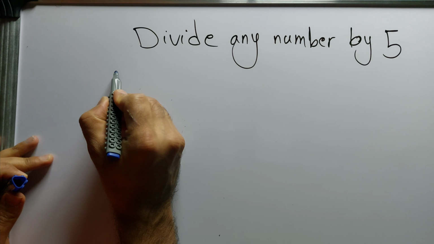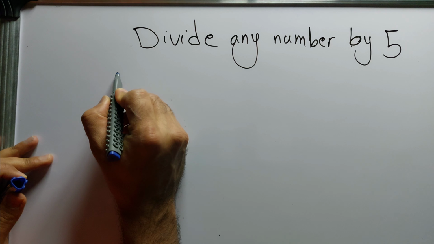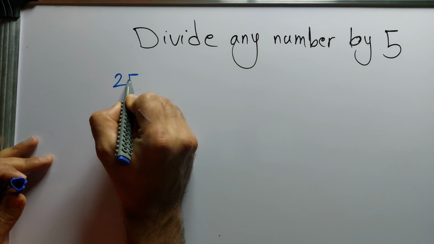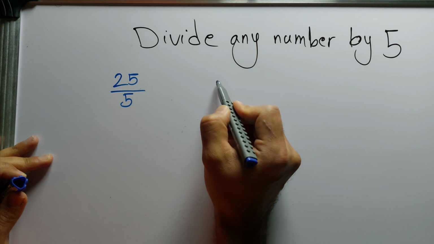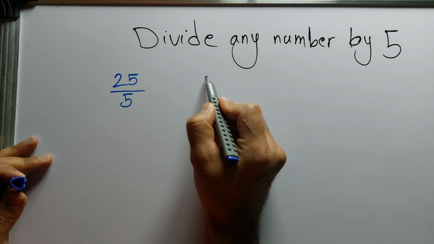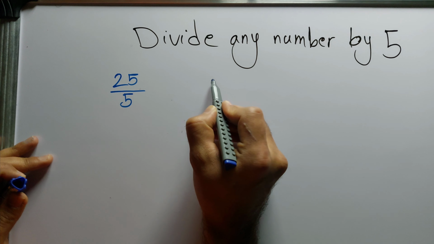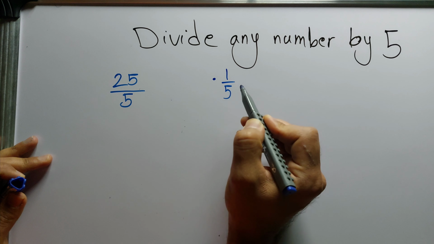So let's say we have a number. Okay, let's start with something small. Let's say we have 25 divided by 5. Any number which is divided by 5 means it is multiplied by 1/5.